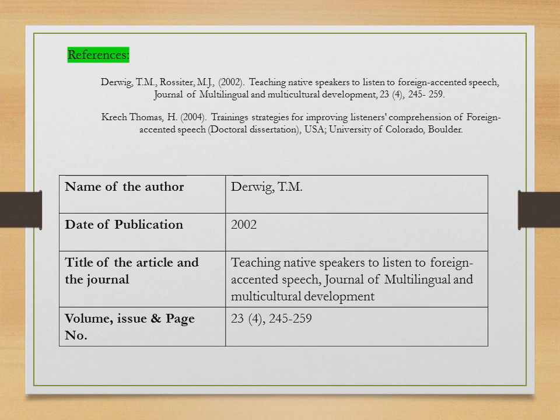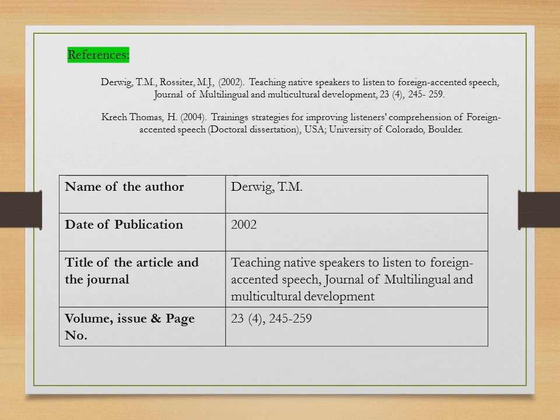The same way, Crutcher Thomas, the author, this is arranged according to, first of course, the surname, and then the name of the author, and then the year. So Crutcher is the surname. H is just the initial of the first name, and inside the parenthesis is just the year it was published.